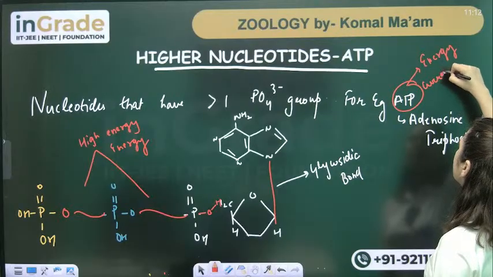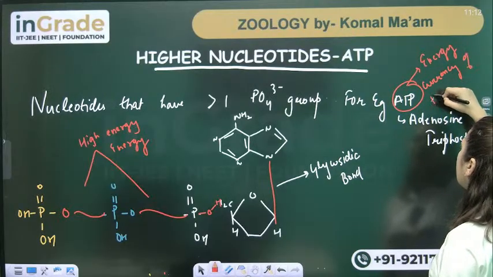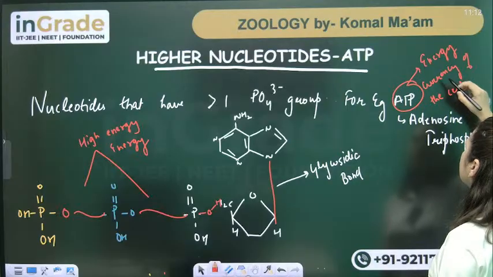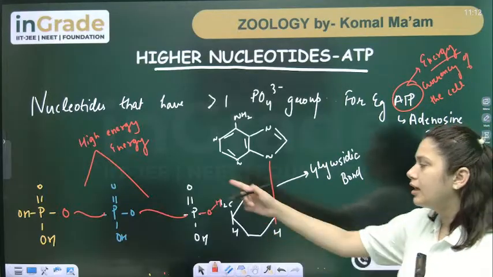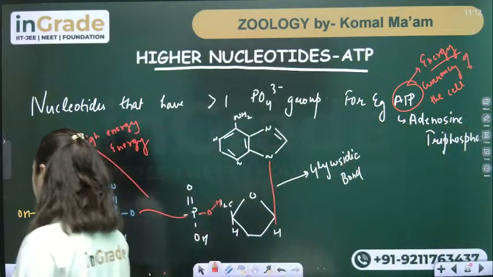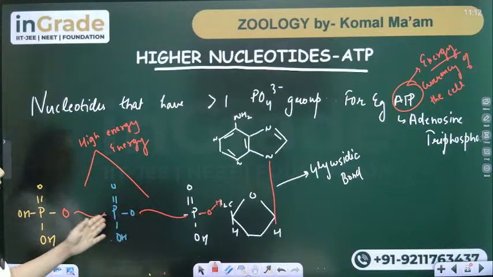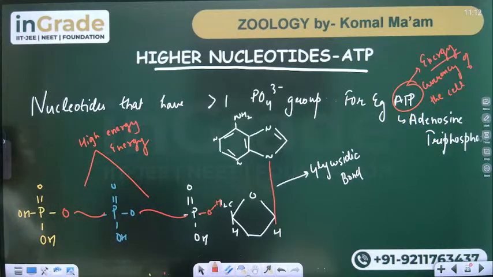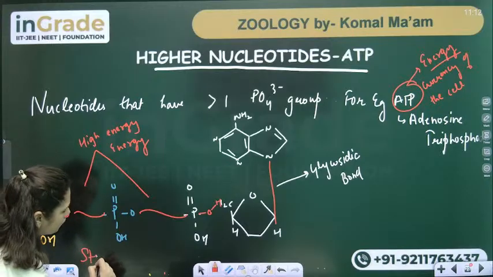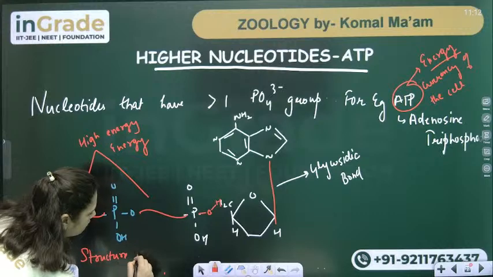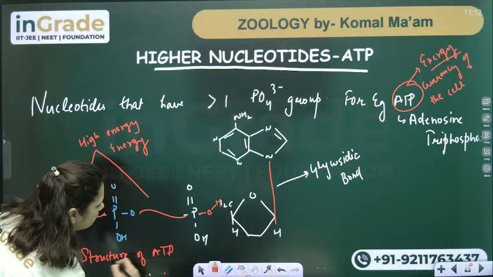Why do we call it the energy currency of the cell? As the energy gets stored in these high energy bonds that are basically connecting the 3 phosphate groups here. So this is the structure of ATP.